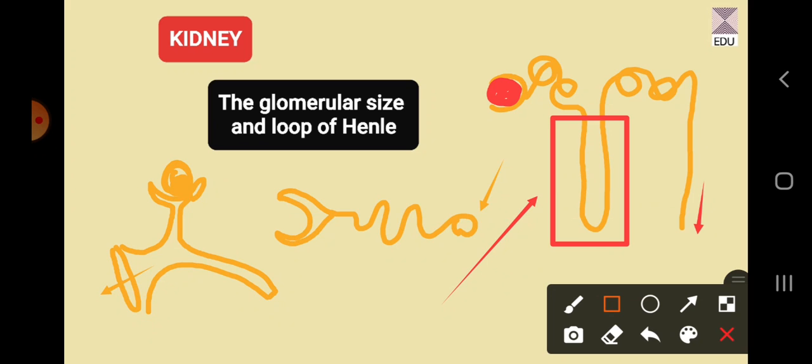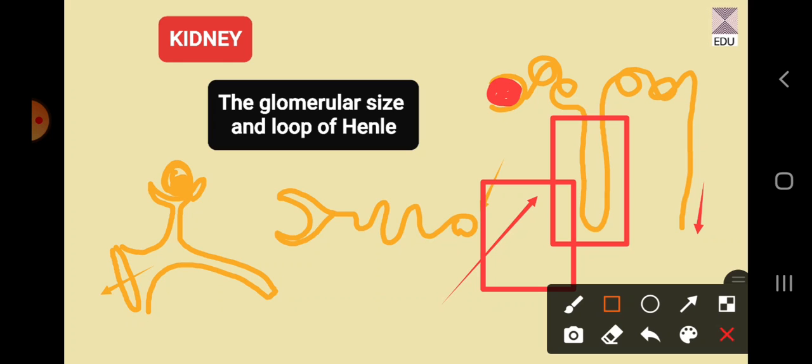In general, if you have a concentrated, hypertonic or dehydrated kind of environment, this loop of Henle will be bigger in size. And if you have a hypotonic kind of solution, there is no need to concentrate the urine, so this loop of Henle will decrease in size. So the length of the tubule will decrease.